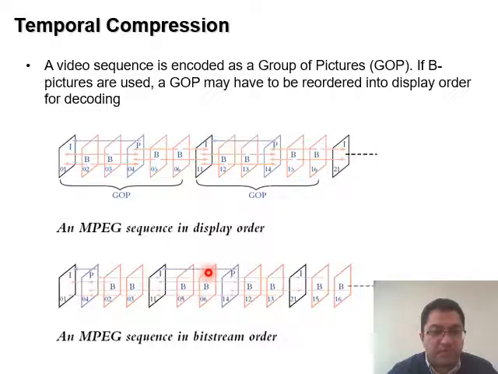They are displayed, and then frame 11 will be displayed in that case. Okay, so this is the difference between the MPEG sequence in display order and in bit stream order, the transmission order.